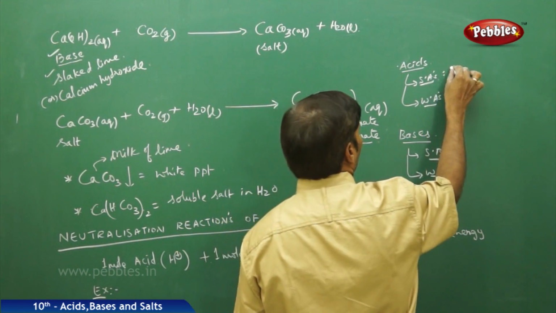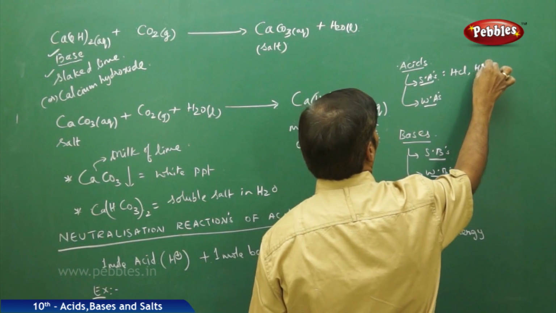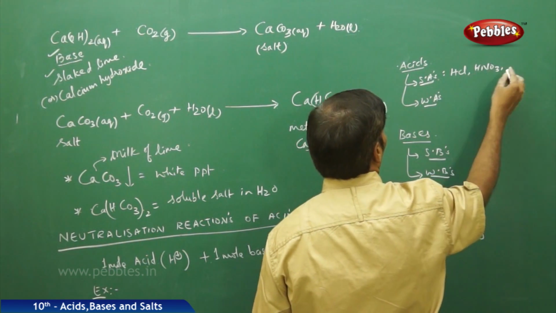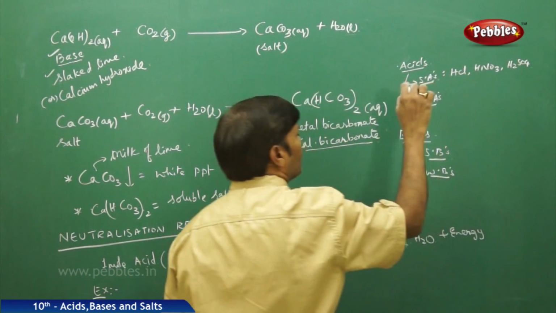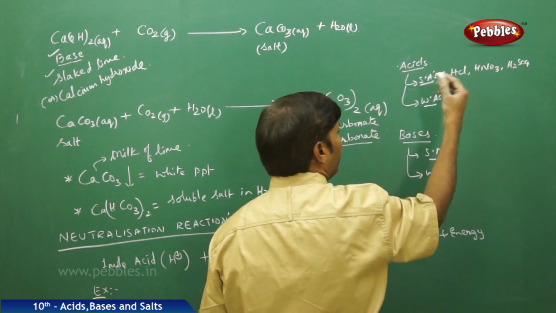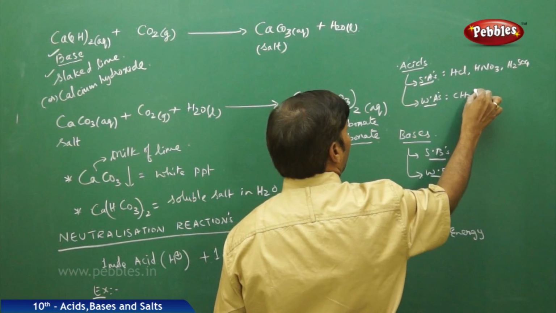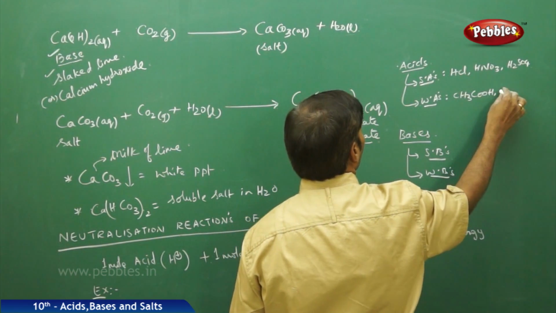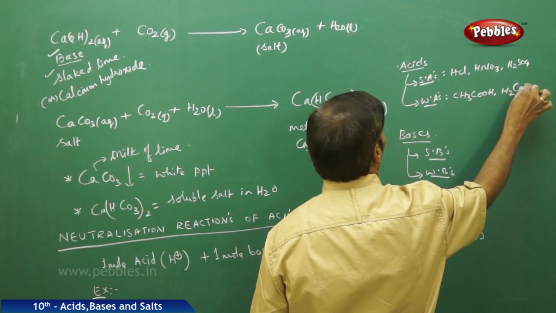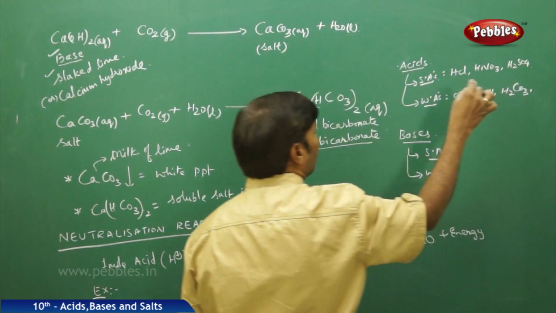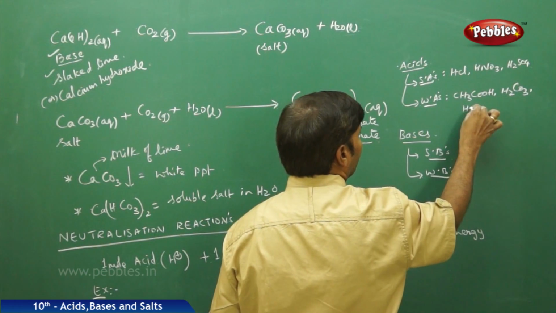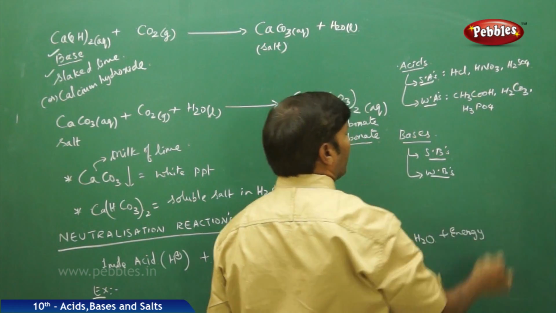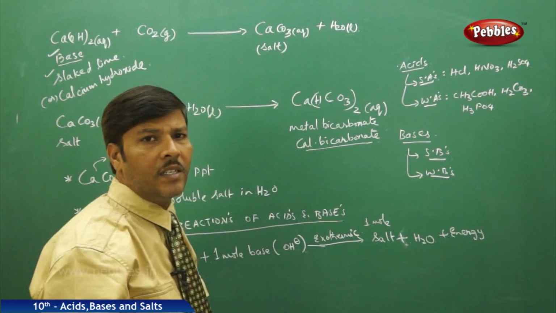Strong acids, you can take plenty of examples: HCl, HNO3, H2SO4 are all strong acids. Weak acids, you can take plenty of examples. Acetic acid is the best example of a weak acid. H2CO3, carbonic acid, is also a weak acid. Apart from this, you can take H3PO4. Phosphoric acid is also a weak acid.